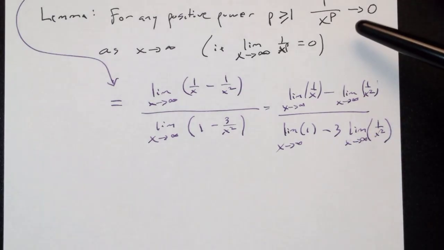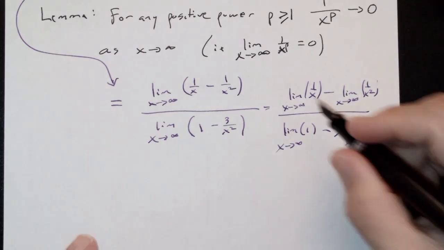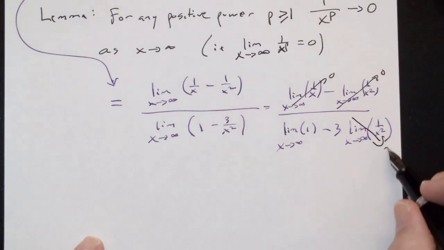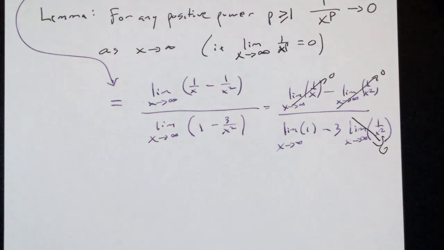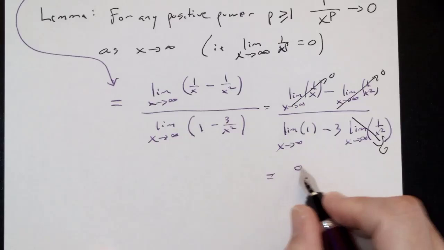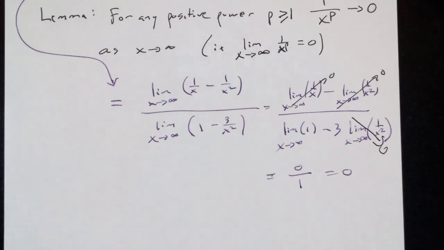That looks like this. That's a 0. Here, that's the same limit, so that's also a 0. Here, 0. Which means when I actually evaluate this limit, I get 0.